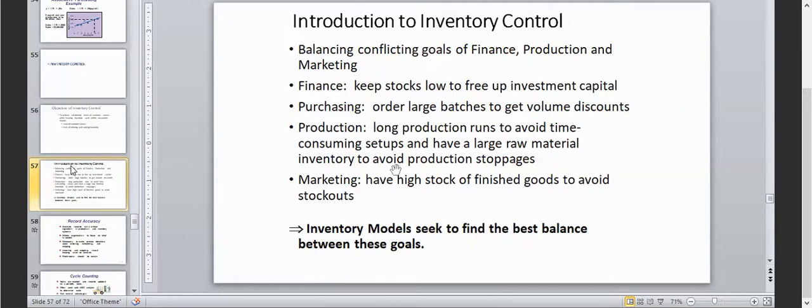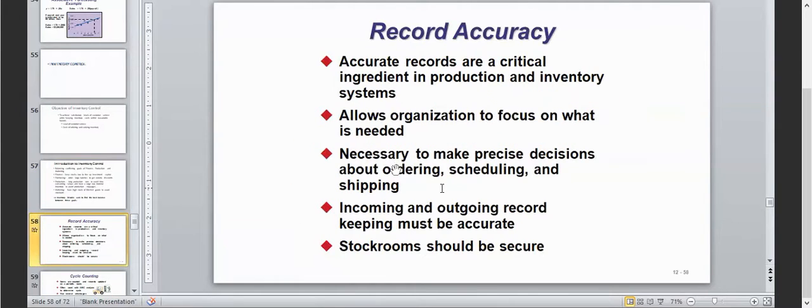So with this conflict between functions in the organization, we need an inventory model to find the best balance between the differing goals of each function in the organization.